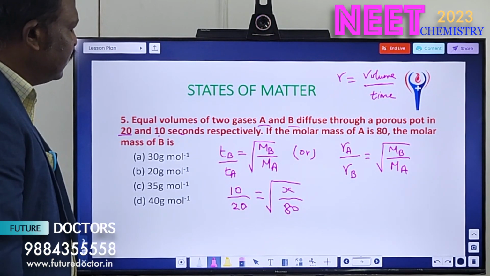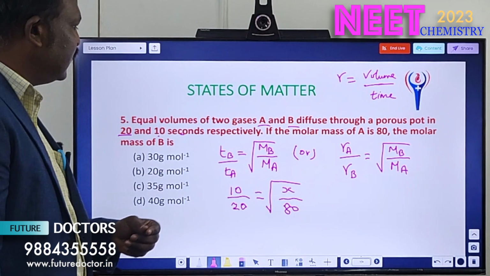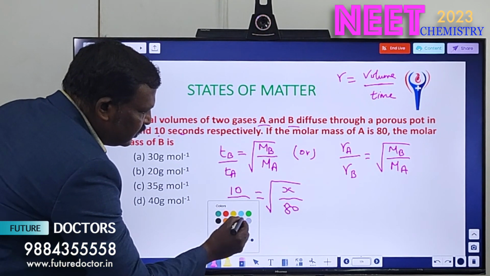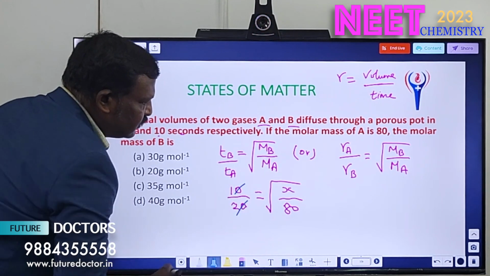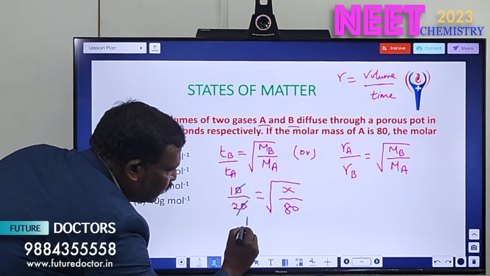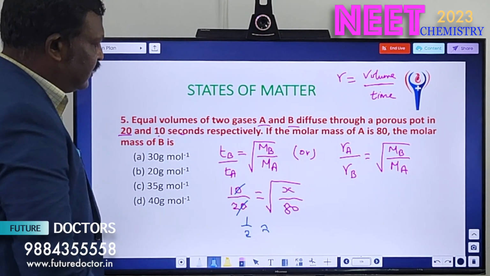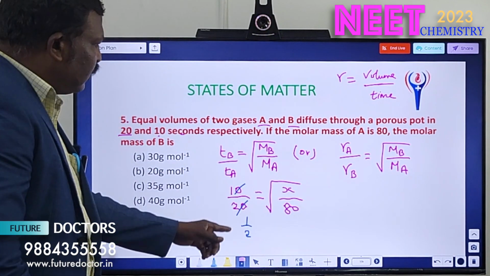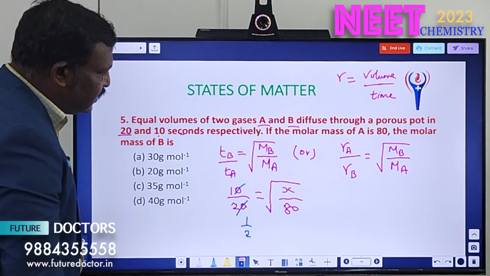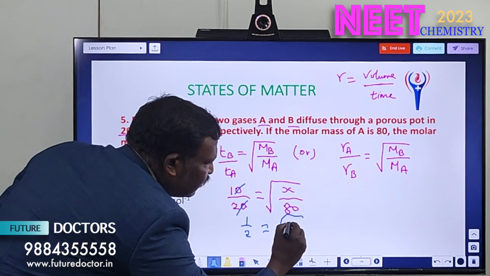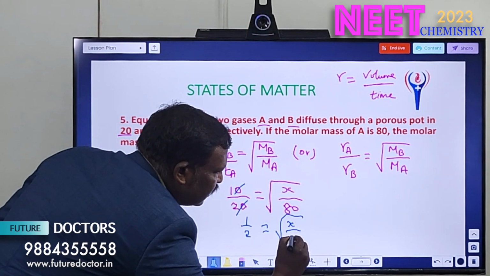That's all. Then how to find the X value? Just cancel this. We have 1 by 2 equal to the square root of X by 80.